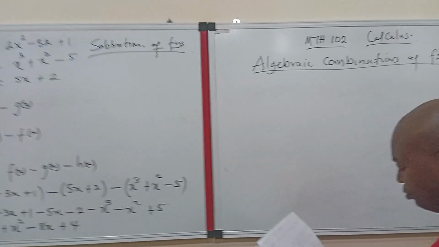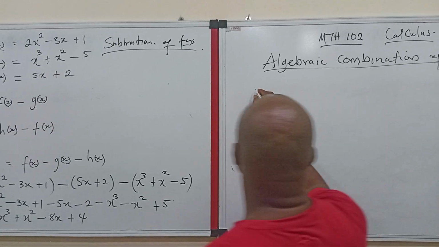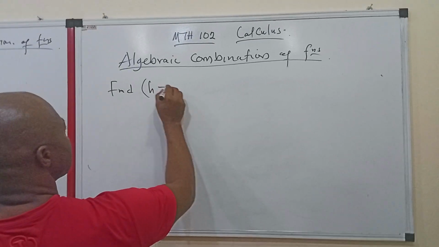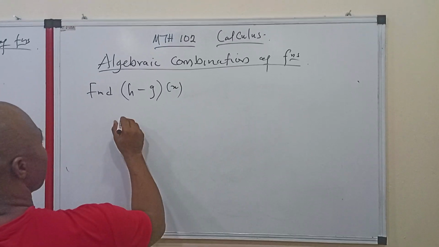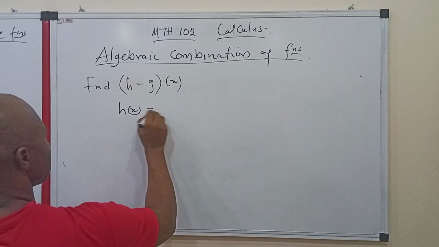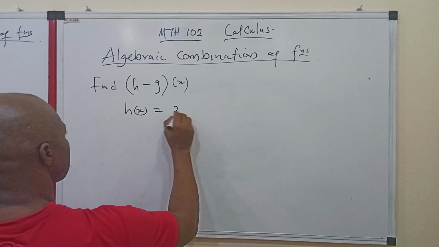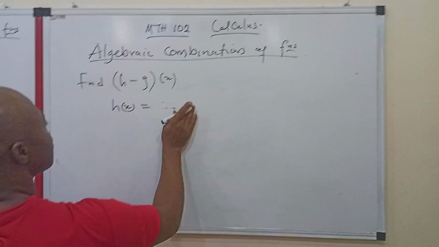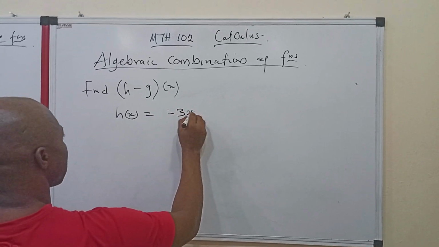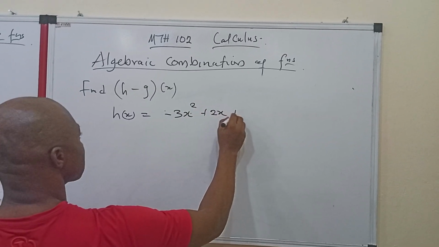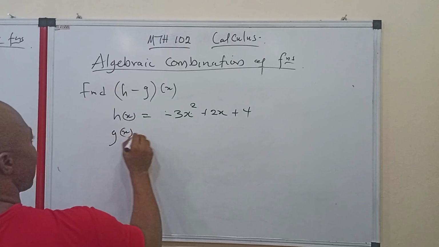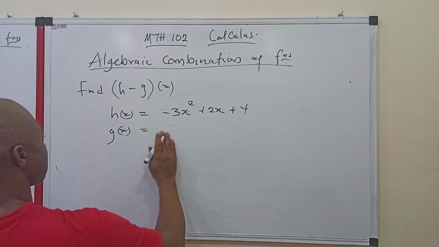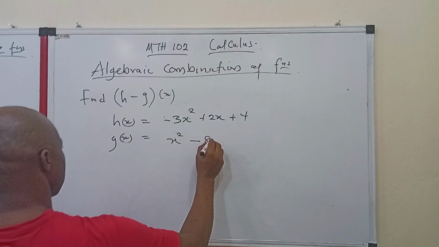Find h minus g all of x, where h of x is minus 3x squared plus 2x plus 4, and g of x is equal to minus 8x squared minus 8x.